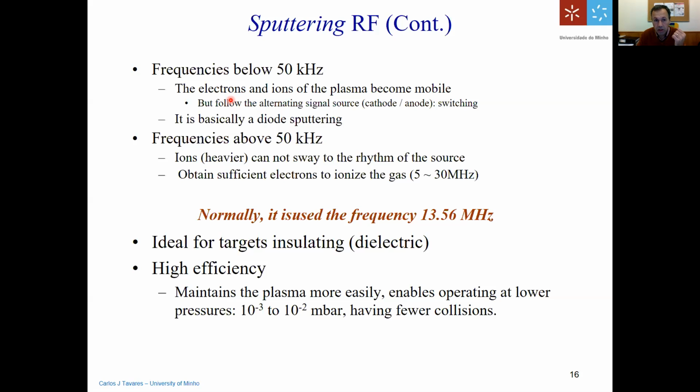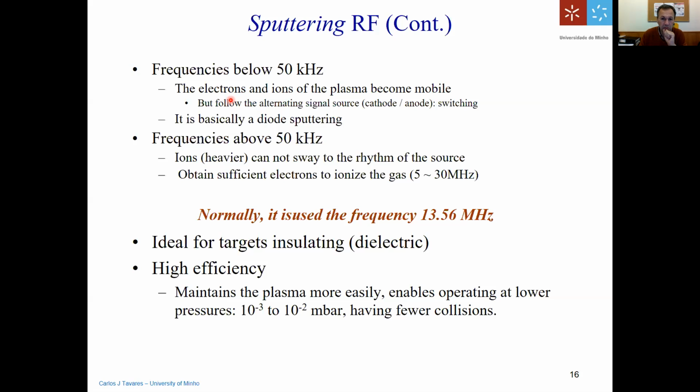And so we need to have frequencies above 50 kilohertz, so the heavier ions will not sway to the rhythm of the source. We only want to attract and repulse the electrons when we use insulator targets, so that they will not have a shield on the surface of your magnetron or the target.